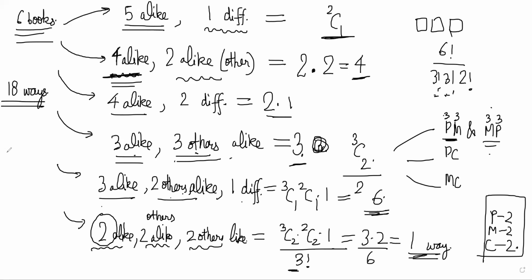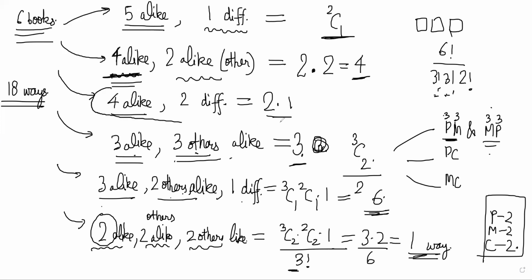Now that we know how to do this, you can try the rest of the parts, where he's saying 6 books taking at least one of each subject. So some of the cases can be excluded now. You will notice which cases matter here.